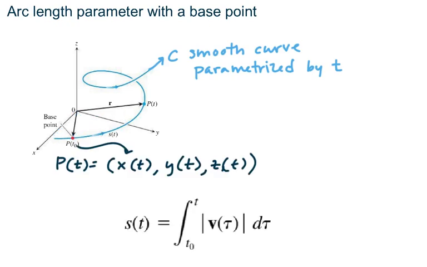So we're going to pull in this new formula. Arc length measures a distance. S of t, we've used s to represent position before, but this is a distance from some initial time to a terminal time. Again, we're using the magnitude of the velocity vector. But you'll notice here that we have to use this weird looking t, or tau.